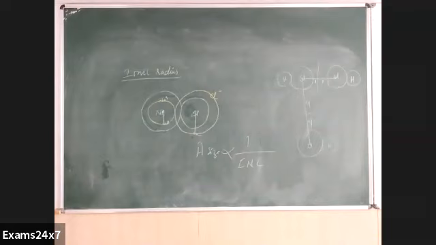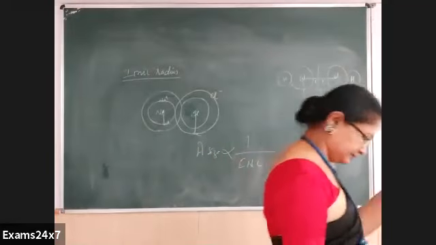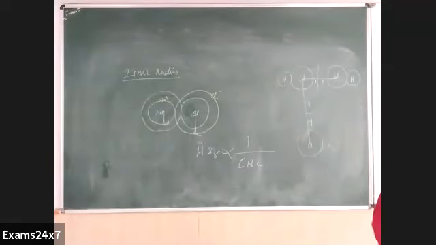Down the group, how does it vary? Size increases. Down the group, atomic size increases. Why does it increase down the group?